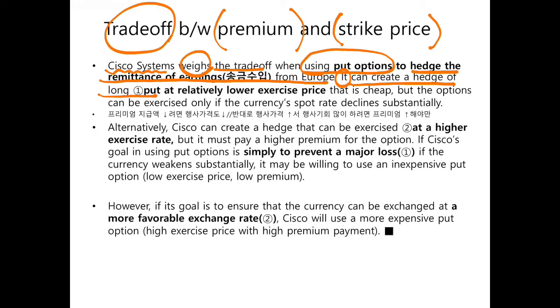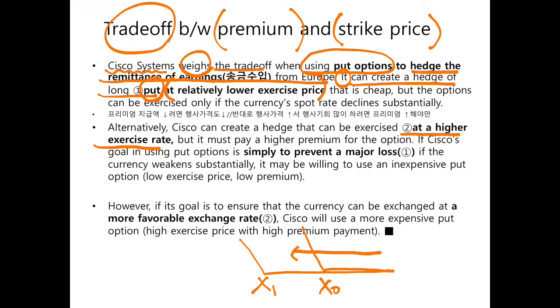Now the concern is the price he paid. I consider purchasing a put at a relatively lower exercise price. Against that, I still consider the put option but with a higher exercise price, right? Let's say this is the lower exercise price, and this is the higher exercise price put option. My concern is a falling price, right?